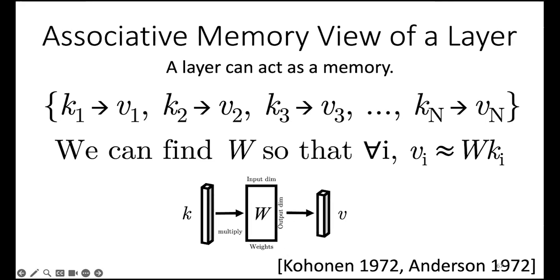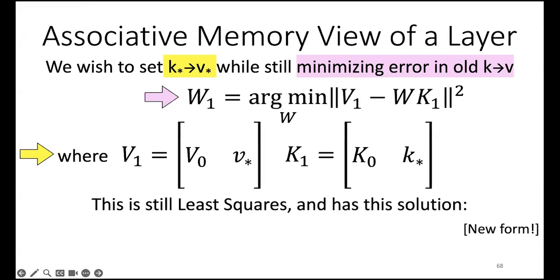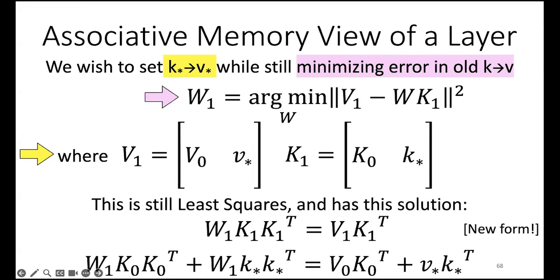And you can actually pack in more pairs if you're willing to absorb some error and solve this as a least squares problem. So what we do is we say, well, if that's the case, then we should be able to change a memory wherever it's stored by altering the mapping from inputs to outputs, by altering this matrix. You can solve the linear algebra for what you would need to do to make a minimal change to a layer of a neural network to change a single association between input vectors and output vectors.